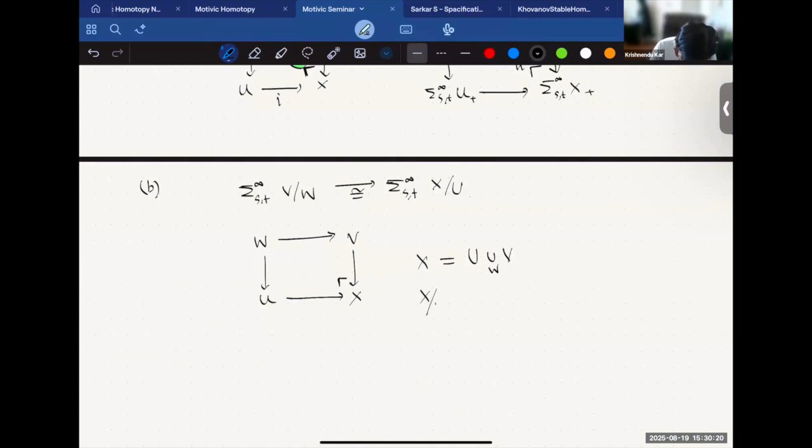And X mod U will be your U union over W of V, modulo U. Now that means that you are identifying W in U with a point, which is the same as saying you identify the W part in V with a point. So these two are equivalent on the space level. So on the spectrum level, they will give you your stable equivalences.